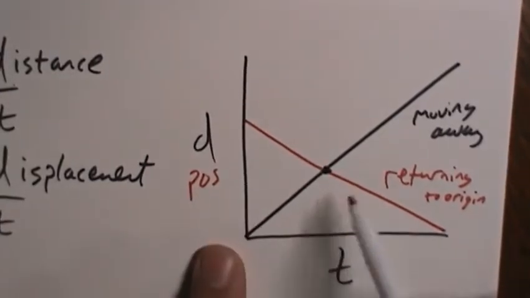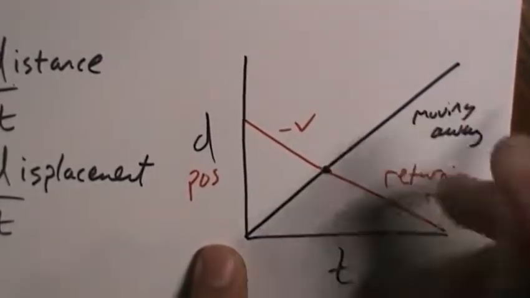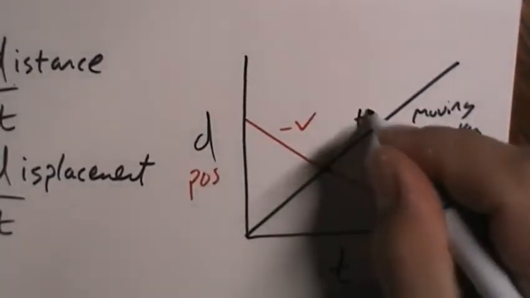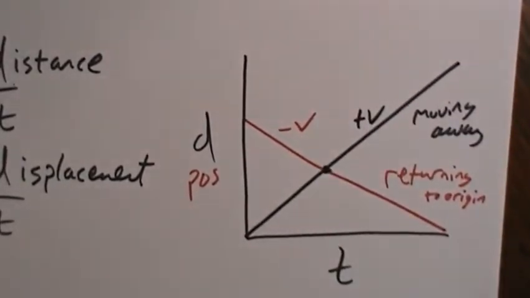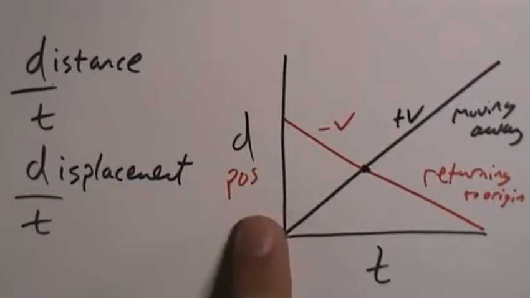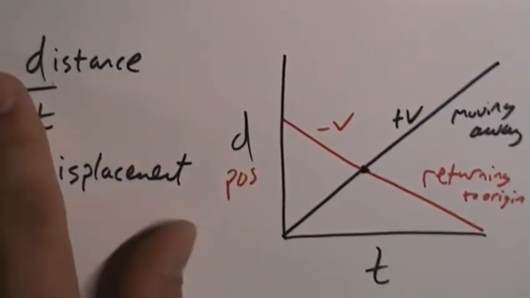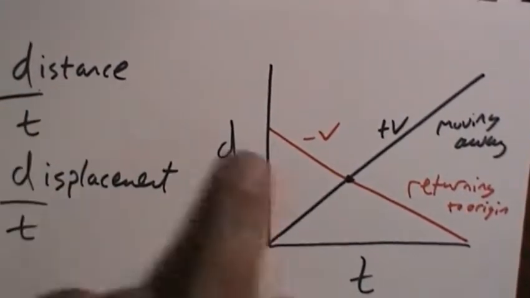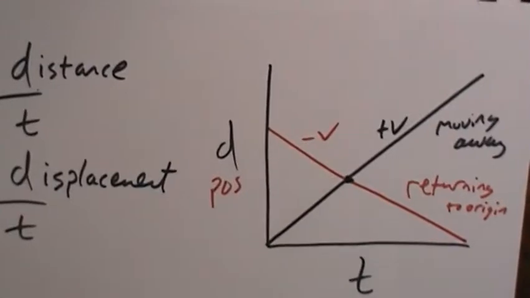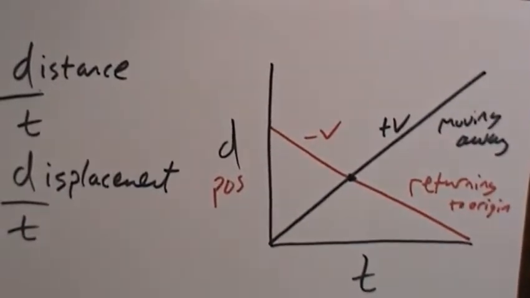And what this means is that this would be your negative velocity in red, this would be your positive velocity in black. But again, they usually don't say position versus time, they will just say distance versus time, expect you to know that the slope is speed, and then have a question that treats it as if it's velocity instead. So just be aware that those graphs don't always translate the way they're supposed to.